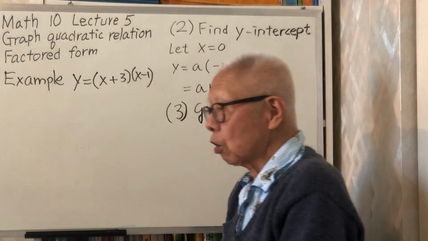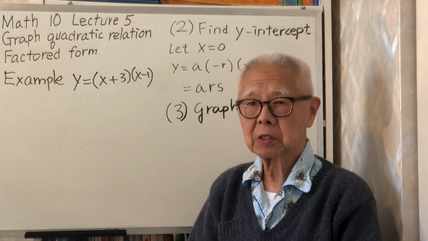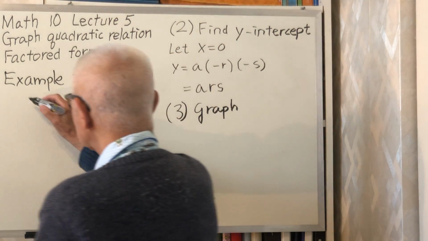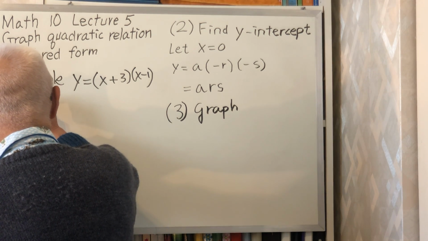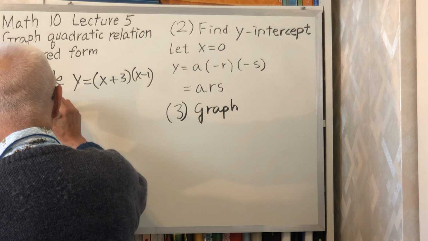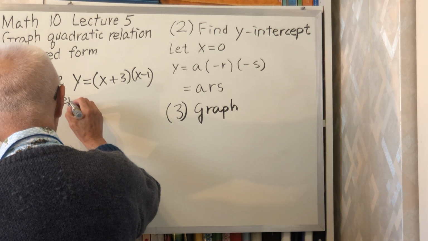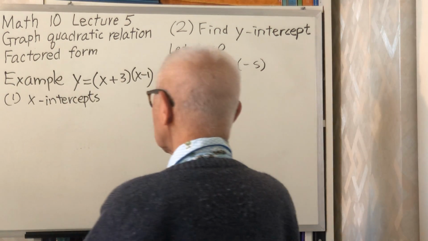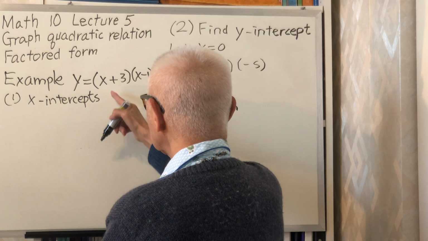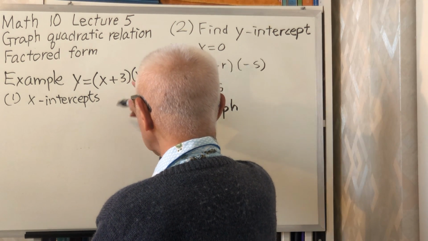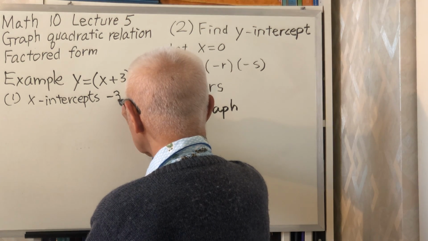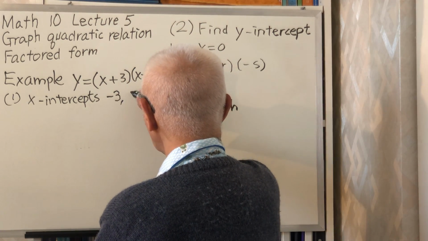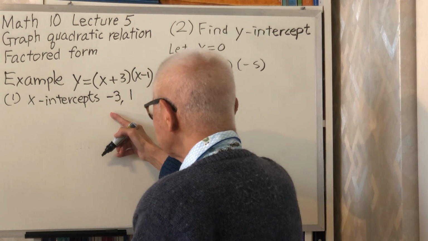So follow the steps: find the x-intercepts, and then find the y-intercept, and then graph. The x-intercepts: this equal to 0, x equals negative 3, or this is equal to 0, so x equals 1.